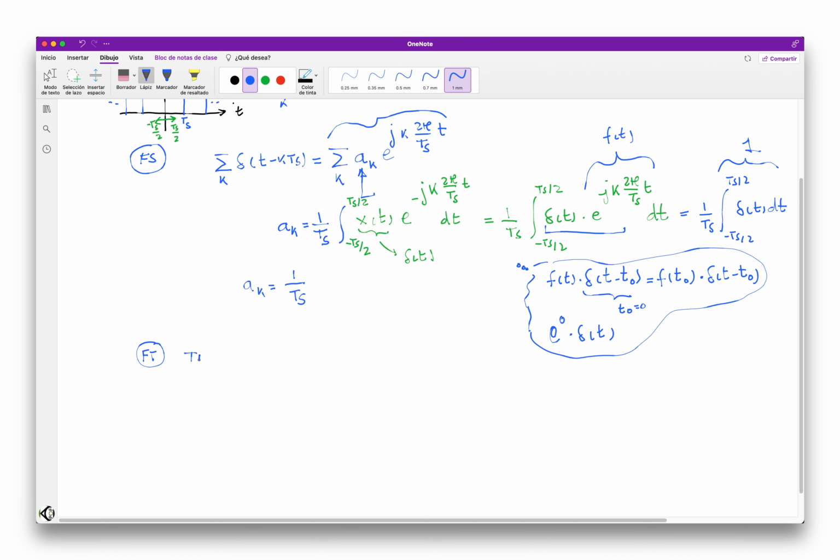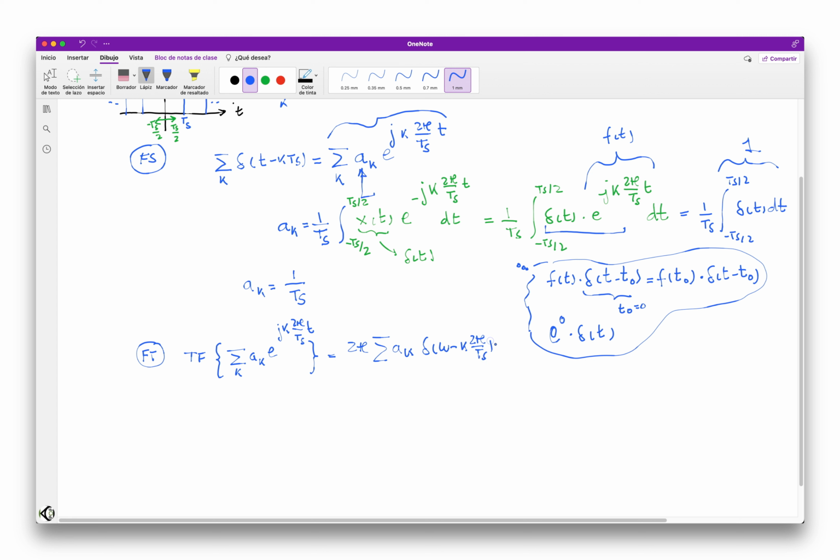And remember, as we saw in class, that the Fourier transform of a Fourier series, so of an expression like a_k times e to the j k 2 pi divided by Ts t, in other words, the Fourier transform of a Fourier series is 2 pi times the coefficients a_k multiplied by deltas, which are displaced a quantity which is 2 pi divided by Ts.